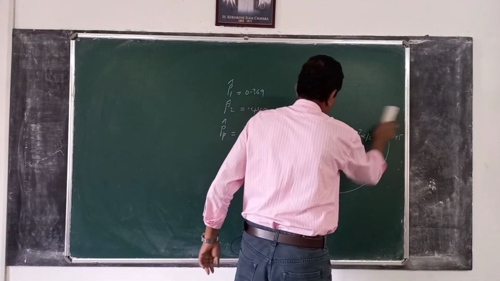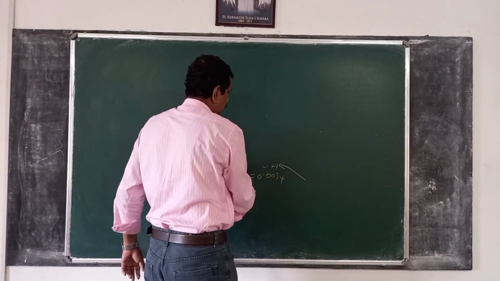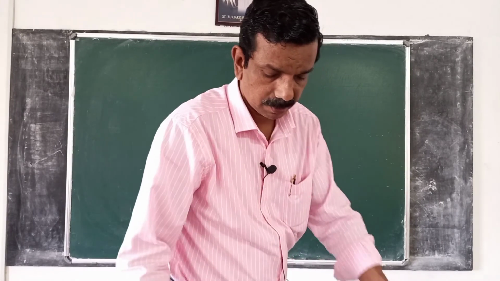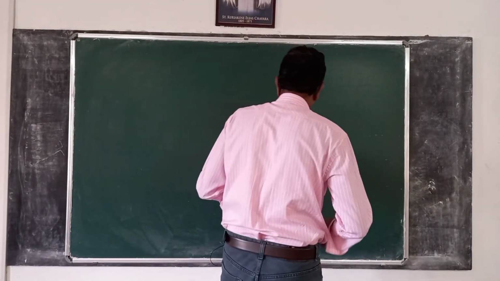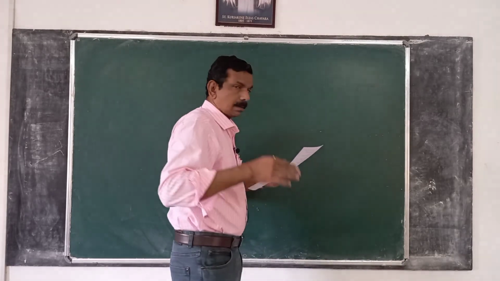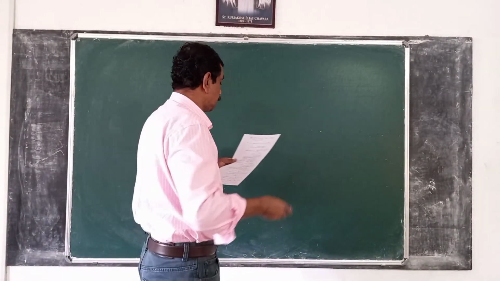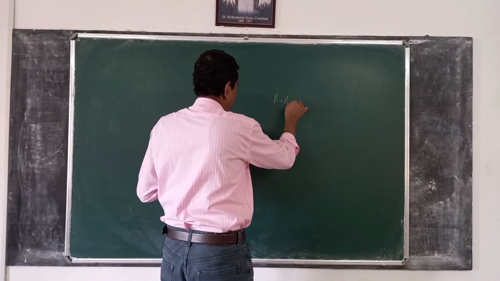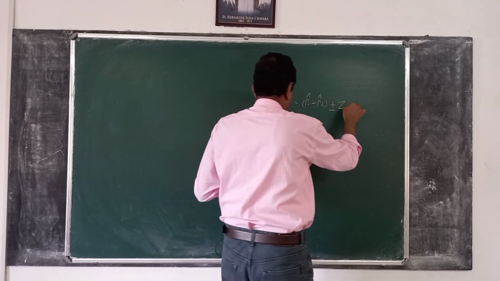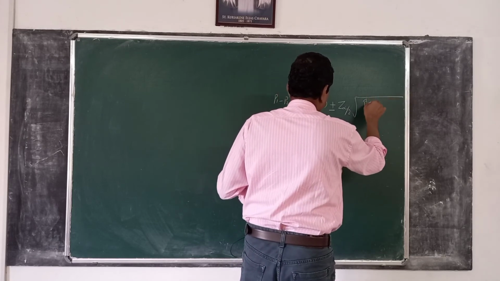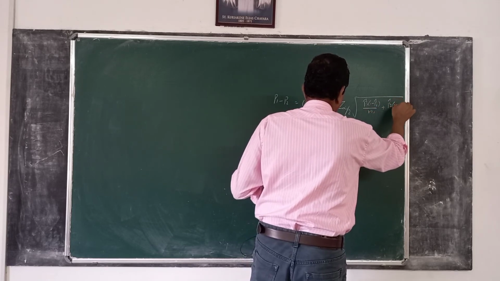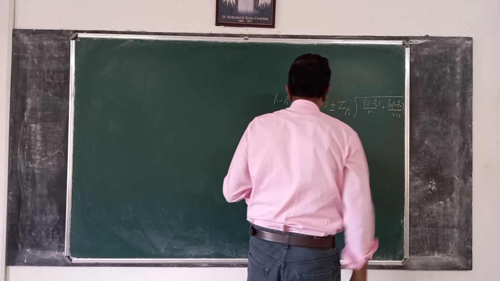Now, just as we have constructed confidence intervals for one population proportion and determined the margin of error, sample size, etc., we can do the same in the case of confidence interval for two proportions: p1 minus p2 equals (p hat 1 minus p hat 2) plus or minus Z alpha by 2 times the root of p1 into (1 minus p1) by n1 plus p2 into (1 minus p2) by n2.